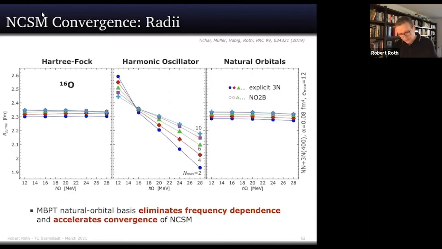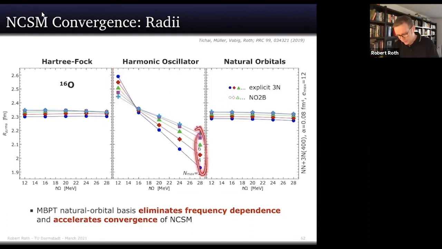If you start from very small oscillator frequencies, that means large spatial extent of your oscillator wave functions, you approach this radius from above. And that's quite intuitive. The wave functions that you have in your basis are simply too large for your nucleus of choice. So you use a superposition of many of these wave functions to represent the smaller extent of the density distribution of the nucleus.